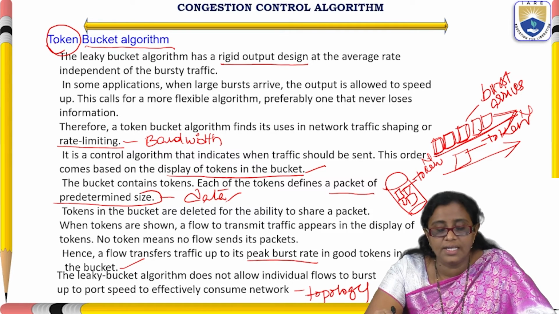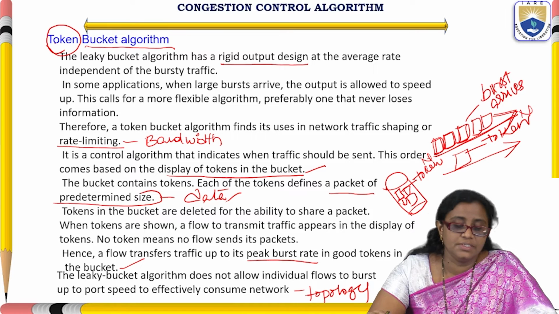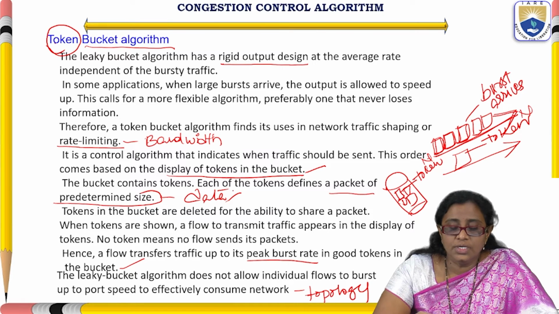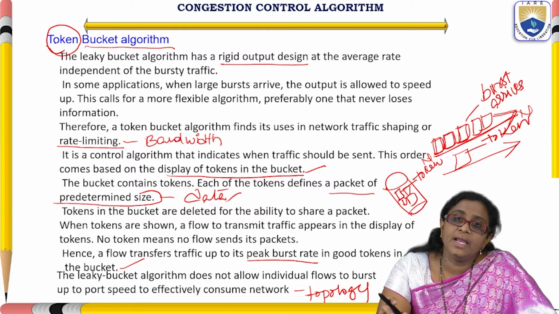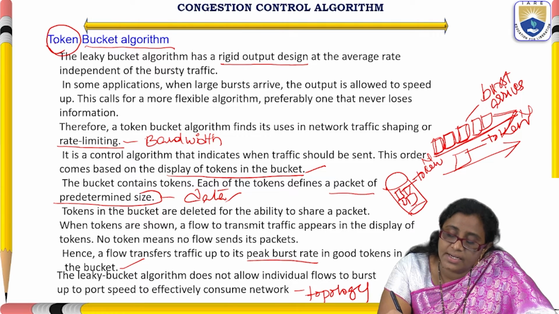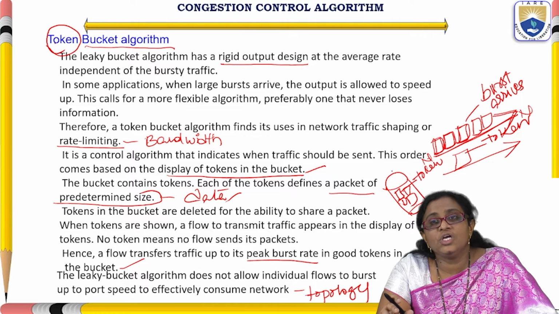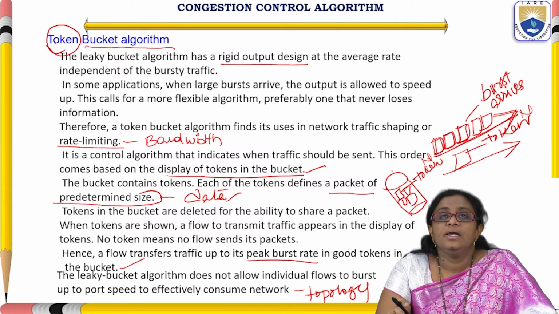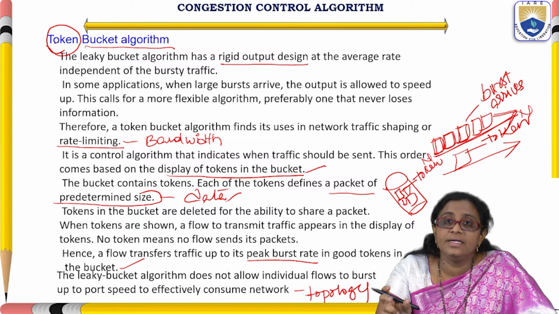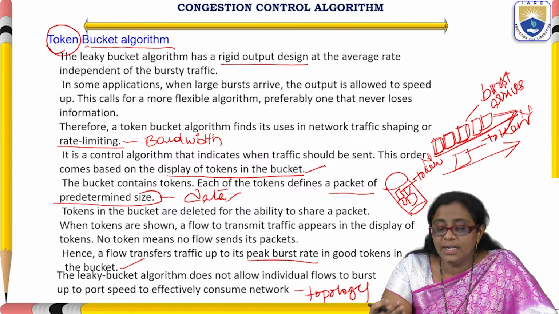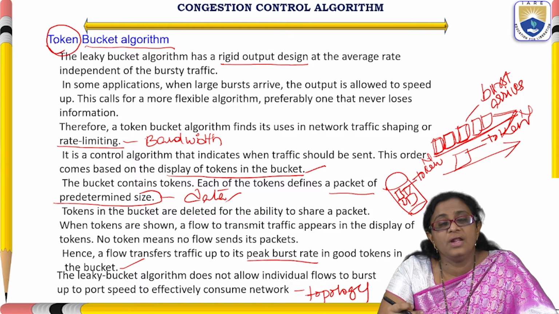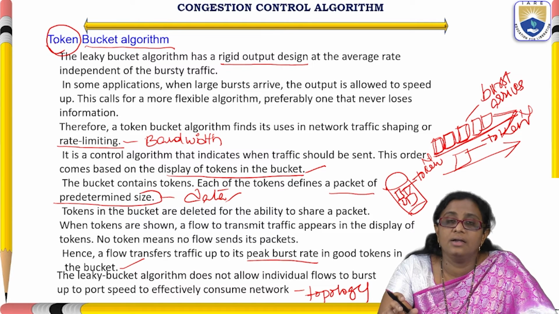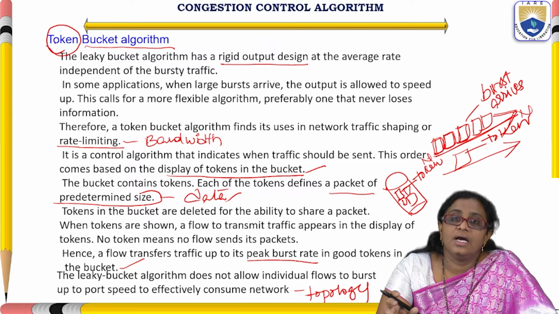The bucket contains the tokens, and each token defines a packet of predetermined size. Only packets of that predetermined size can arrive and be transmitted along the particular path of the concerned network subnet.